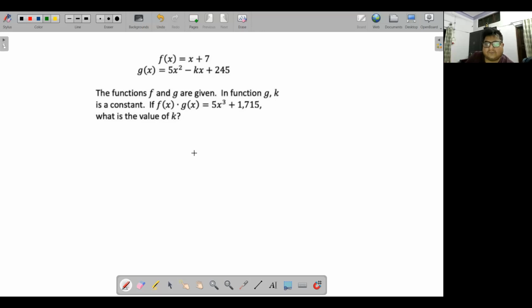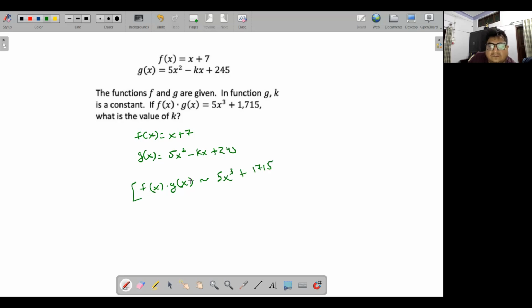So here what we can do is write the same thing in Desmos. f of x is x plus 7. g of x we will write as 5x squared minus kx plus 245. In the next line, we can write f of x times g of x equal to 5x cubed plus 1715 in Desmos.